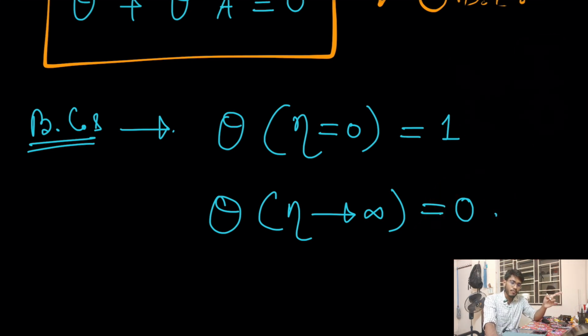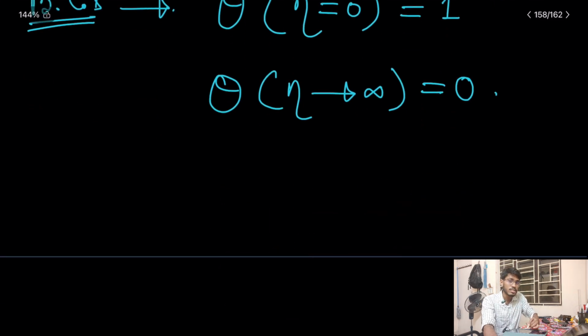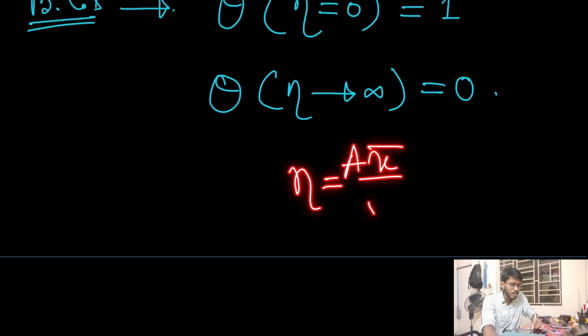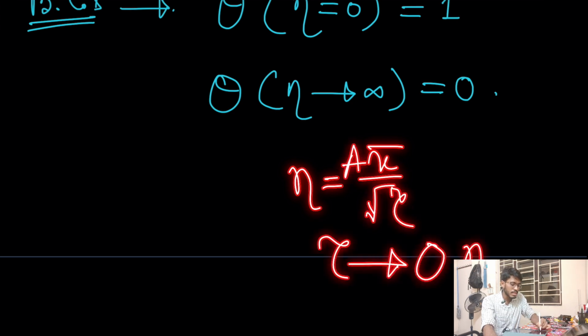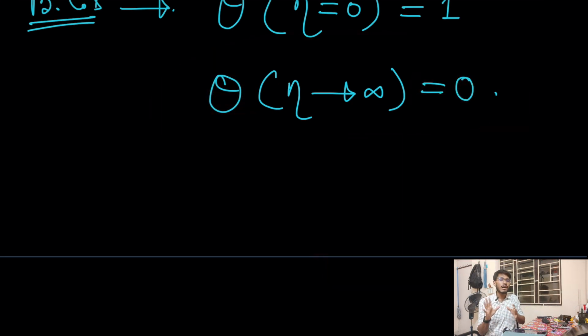So I will get theta at eta tending to infinity equal to 0. Why is eta tending to infinity at the initial condition? Because eta is a into x bar by root tau. If tau tends to 0, eta tends to infinity, and my initial condition says that theta is equal to 0. That means this condition expresses both the second boundary condition and the initial condition.